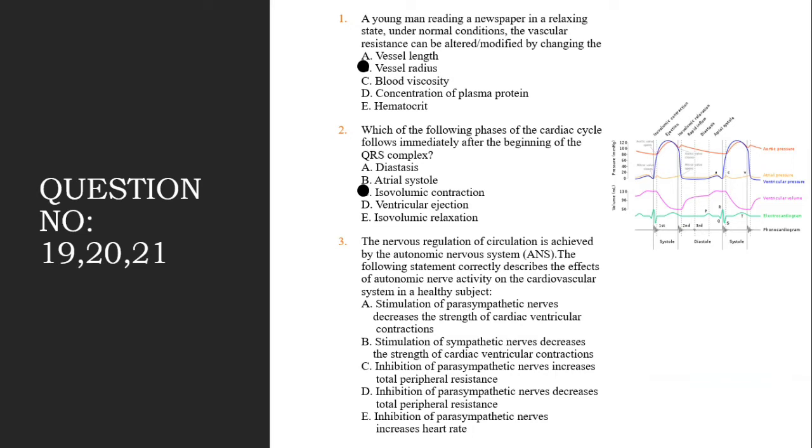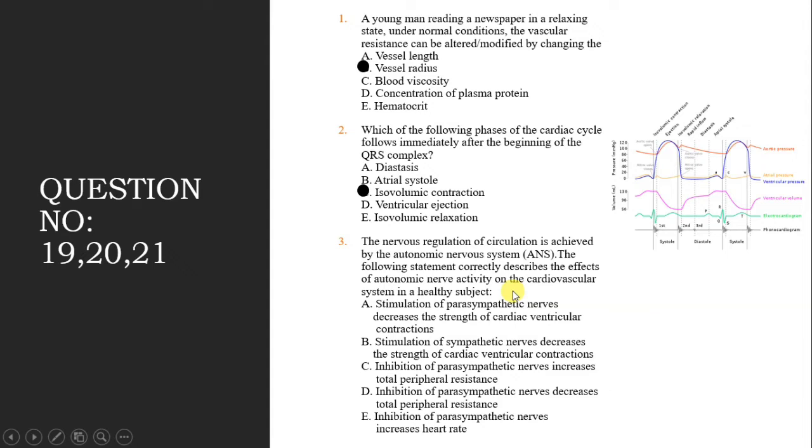First, we need to see that there are two types of autonomic nervous system, sympathetic and parasympathetic. When there is stimulation of the sympathetic nervous system, it will cause an increase in the heart rate and in the cardiac output. But when there is stimulation of the parasympathetic nervous system, it will lead to a decrease in the heart rate, so decreasing the cardiac output.